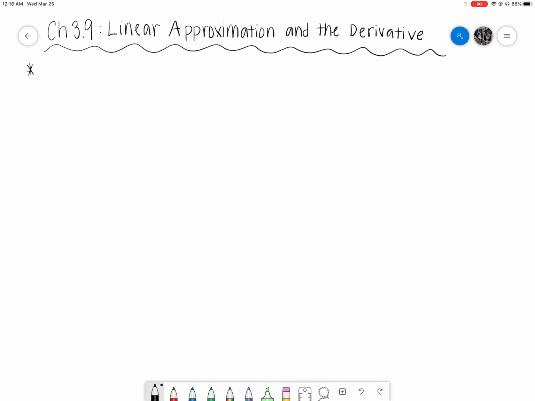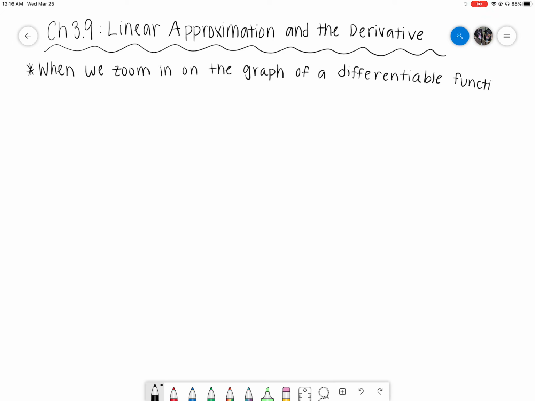So we've seen before that when we zoom in on the graph of a differentiable function, it looks like a straight line.